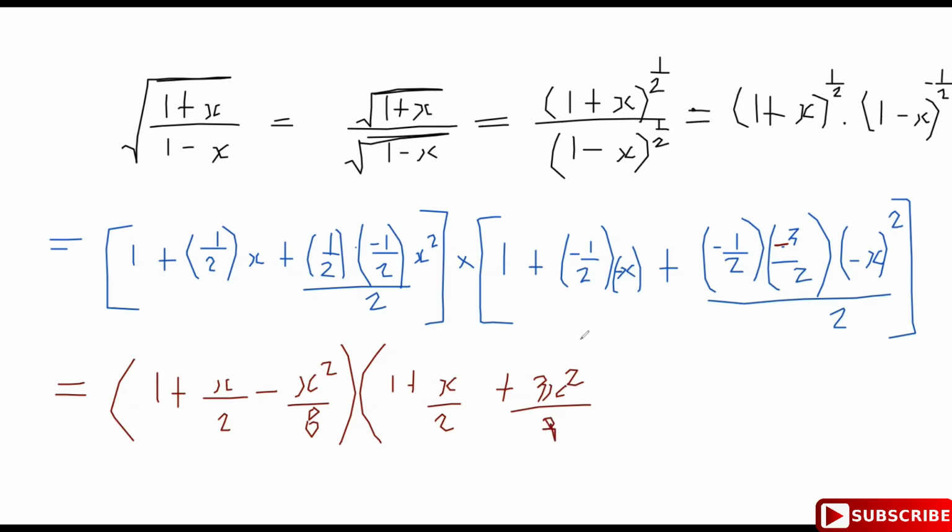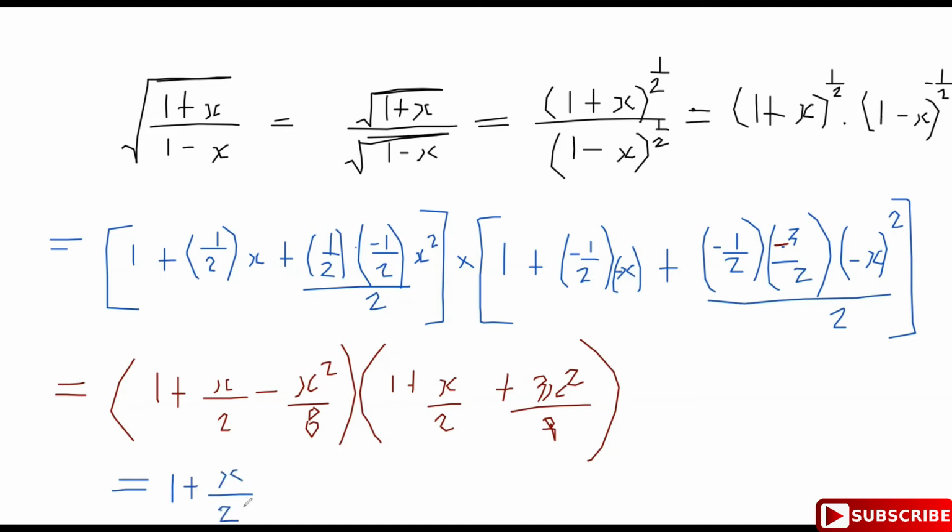So we get 1 plus x over 2 minus x squared over 8, times 1 plus x over 2 plus 3x squared over 8. To simplify this, we expand 1 times all of this first.